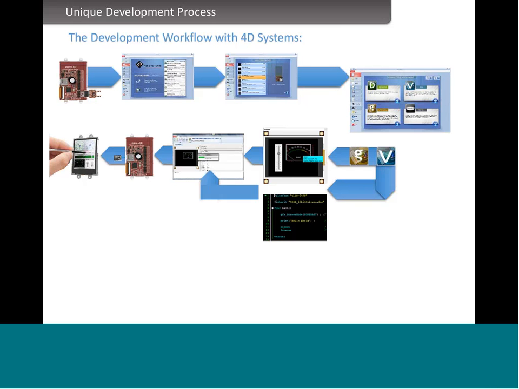So with both of these, you build and create your files, load them onto the SD card, and put it into the display module, and you have your application again.